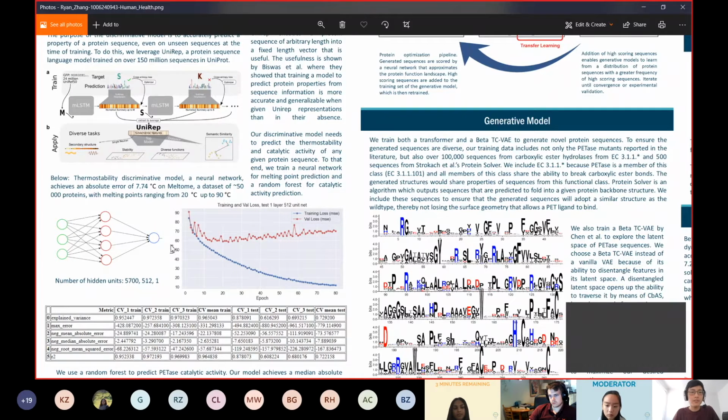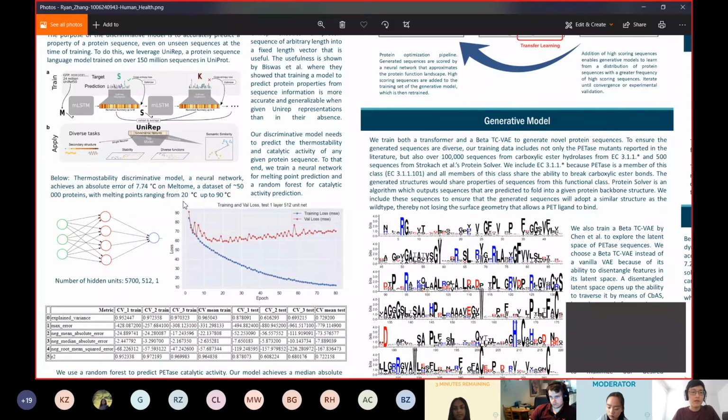to generate a melting temperature. Here we use a data set called Meltome, which encompasses around 50,000 sequences with melting points ranging from 20 degrees Celsius up to 90 degrees Celsius. It comes from various genomes, not just humans, but others as well.